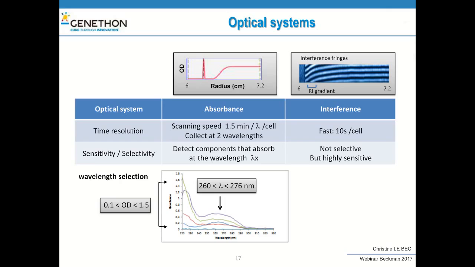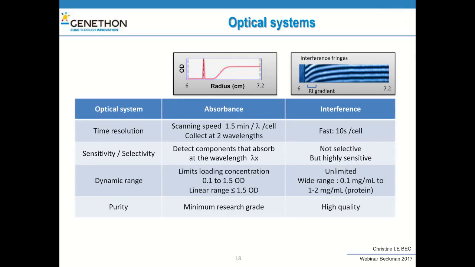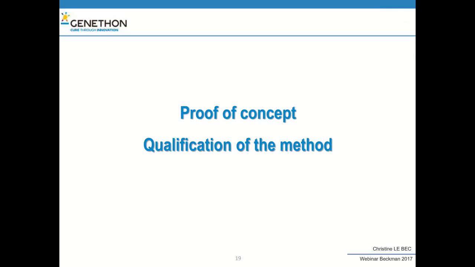In this range, the signal should be between 0.1 OD and 1.5 OD, which is the dynamic range of the absorbance signal. For interference, the dynamic range is unlimited, with a wide range from 0.5 to 2 milligrams per ml of protein. The protein needs to be at least research grade, interference needs high quality, and it is very dependent on your buffer.